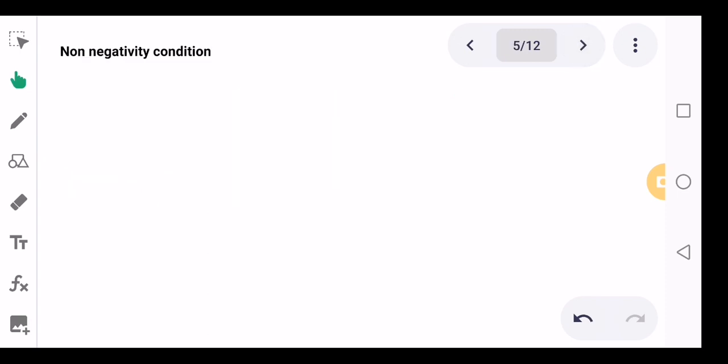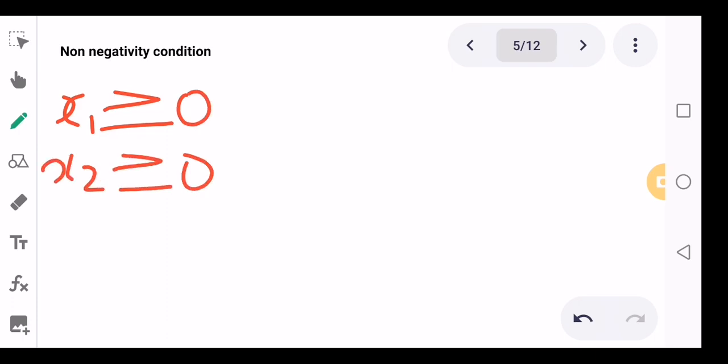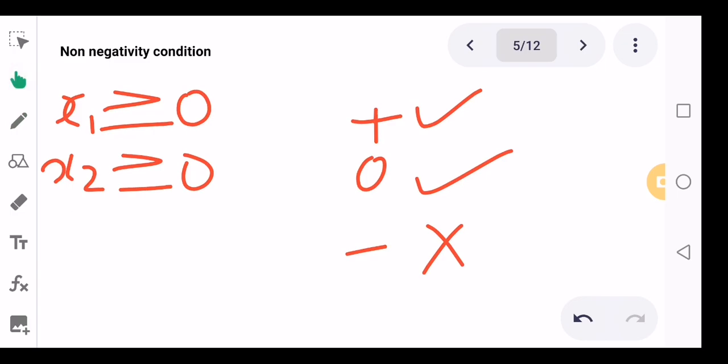And the next is the non-negativity condition. This is the simplest. Here x1 is greater than or equal to 0, x2 is greater than or equal to 0. Your decision variables x1 and x2 can be positive, can be 0, but cannot be negative. Okay, and what are x1 and x2?